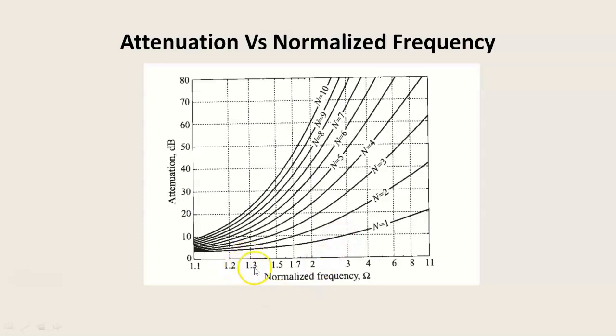From the figure, for instance, if a maximally flat low-pass filter is to be designed with an attenuation of 60 dB at the normalized frequency omega equal to 2, we see that a filter of order n equal to 10 is required to achieve this condition.